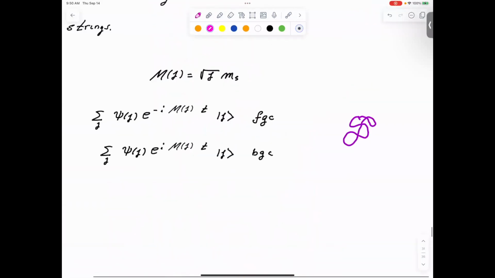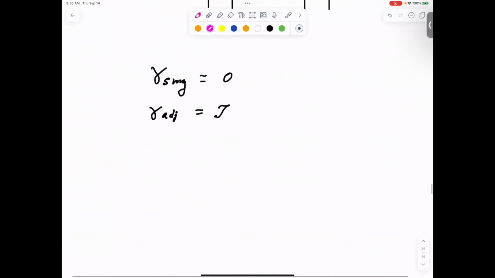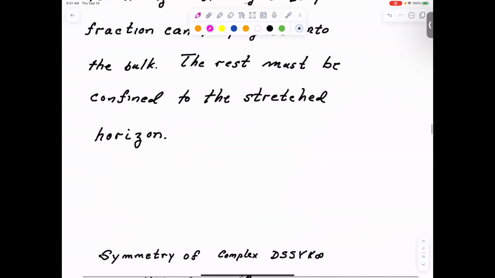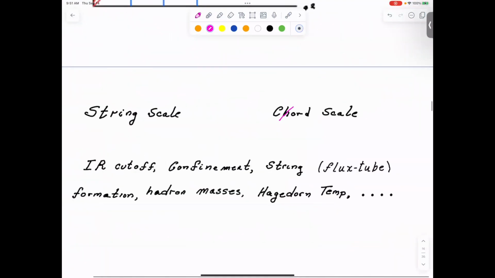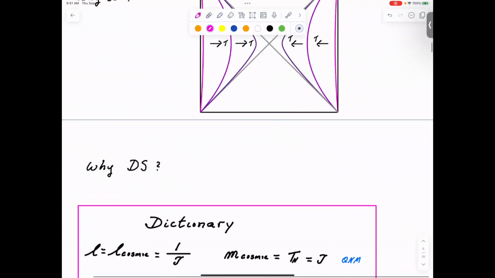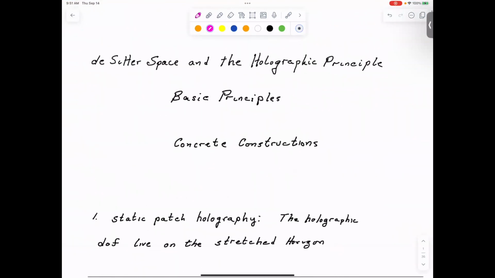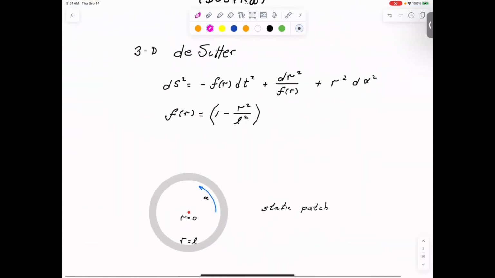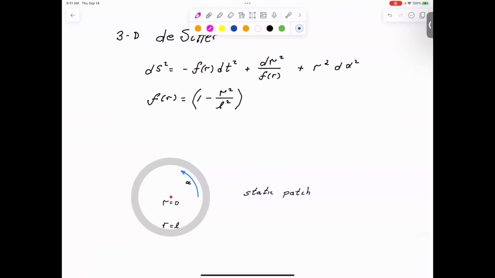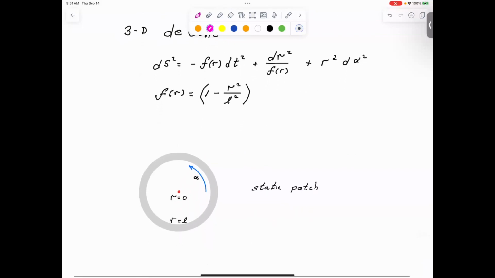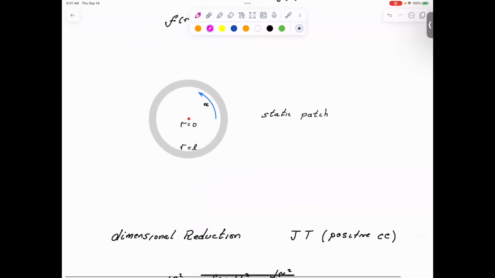Well, let me come back to what I said in the beginning. The JT theory that we're talking about, where is it? Way back. A lot of transparencies. The theory that we're talking about starts with 3-dimensional de Sitter space and is dimensionally reduced on a circle.